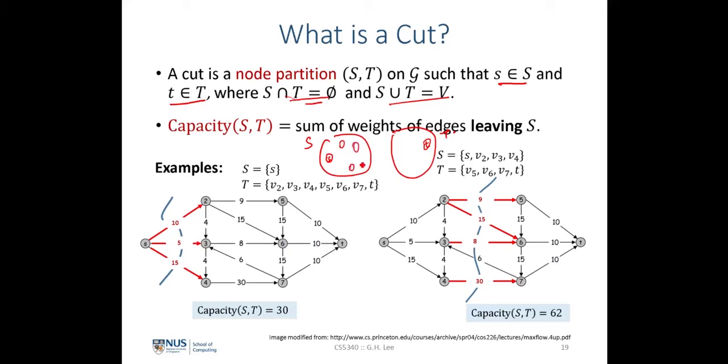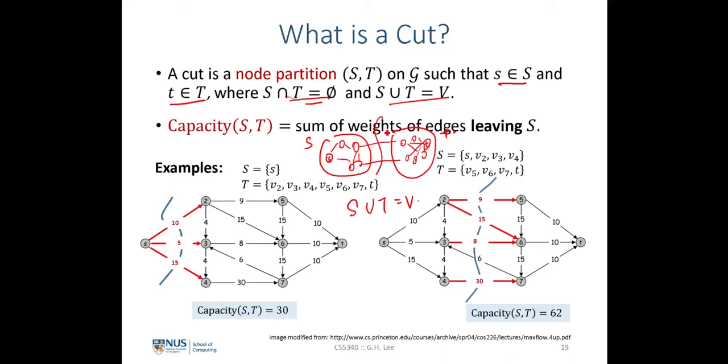All the nodes in S must be disjoint from all the nodes in T. What's interesting is that there should also be connections between the sets S and T, because these come from the original graph. The sets of nodes S union T have to form the whole original graph. This means that there have to be some edges between the two sets of nodes, and we are going to cut over here.